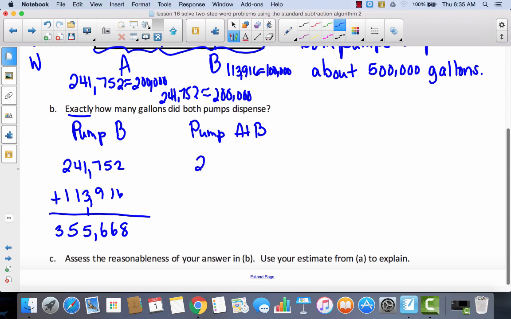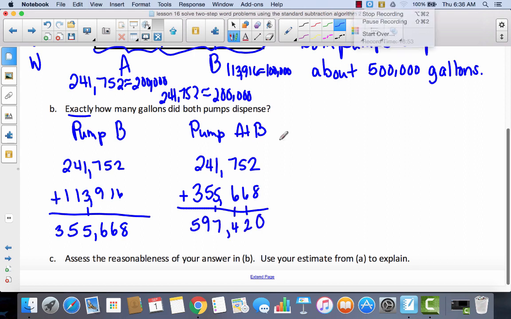So pump A, again, can dispense 241,752 gallons. Pump B can dispense 355,668 gallons. So go ahead and find your sum here, and then let's come back and check together. Okay, so hopefully you got 597,420 gallons.